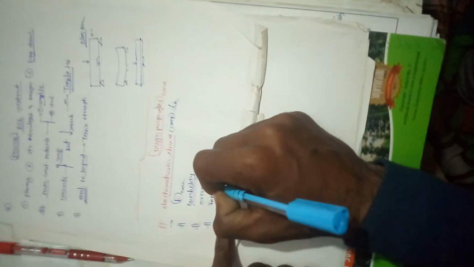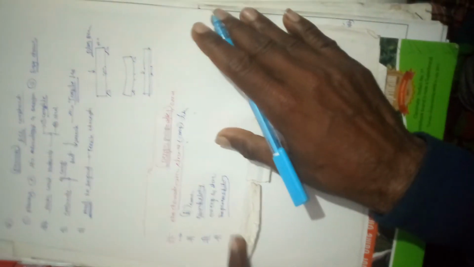Creep and shrinkage should be limited, and then impermeability. These are the basic properties of concrete to keep in mind when we design the structure.